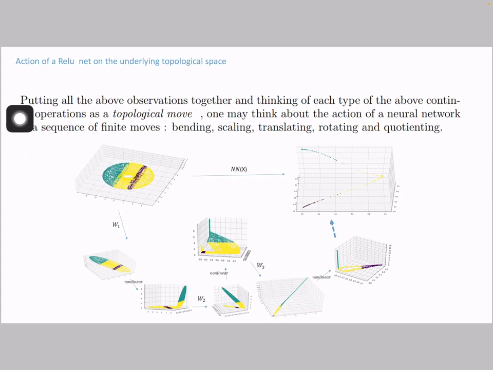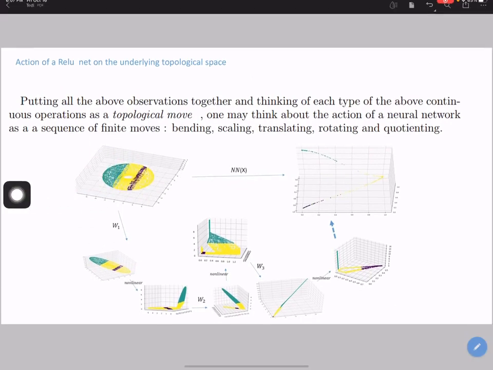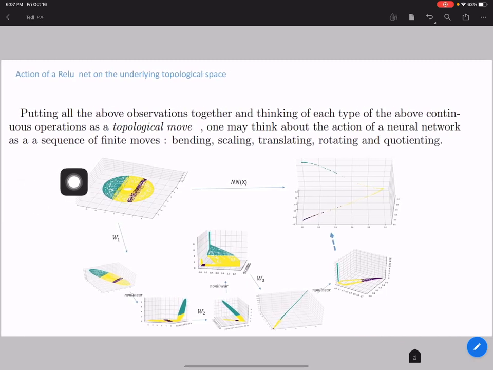If you put all of these together, then you can think about what the neural network is doing as a continuous function. The neural network is acting on the space by a finite sequence of topological operations. These are translating, rotation, quotienting, scaling, and bending.